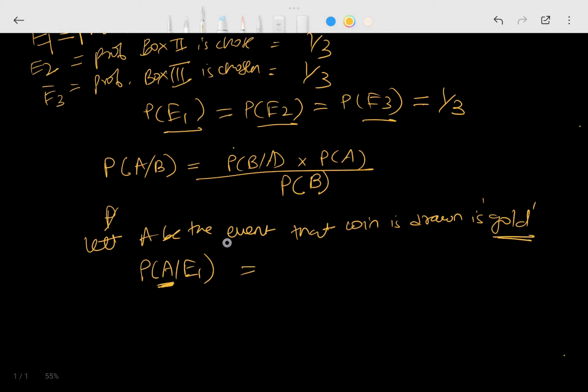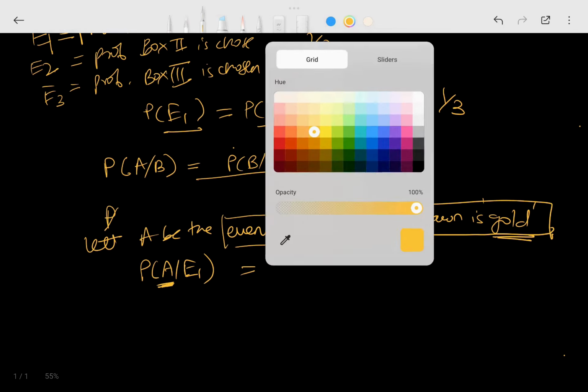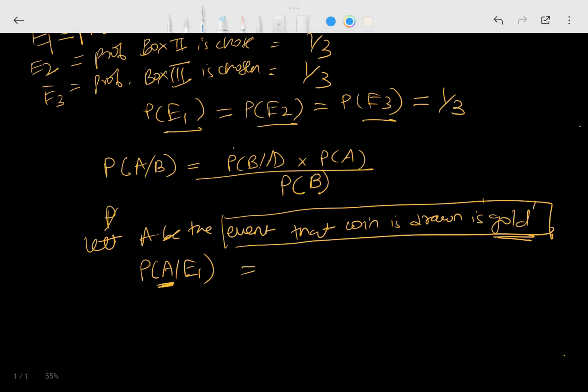A is nothing but the event that the coin that is drawn is gold. So what is the probability that the coin drawn is gold when the event was the first box, the event of opening the first box?